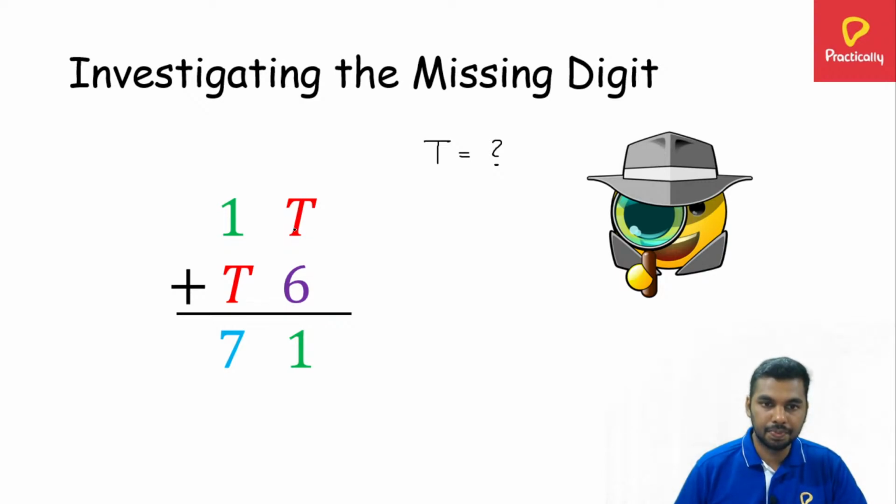Let us see. Some number plus 6 should give 1 in the units place. You know 6 plus 1 is 7, 6 plus 2 is 8, 6 plus 3 is 9, 6 plus 4 is 10, and 6 plus 5 is 11. So only 5 can fit here to get the units place as 1.